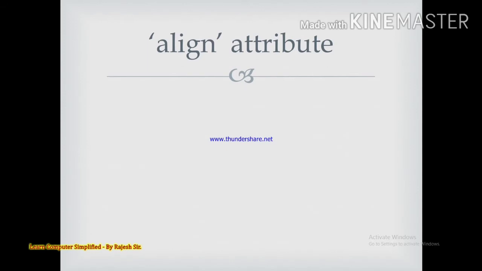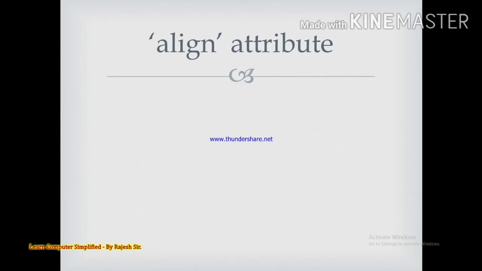Okay, align attribute. This align attribute is used to align the image in accordance with the text content or any other material which is provided along with the image. Suppose you are adding only a single image, then the align attribute will not work.